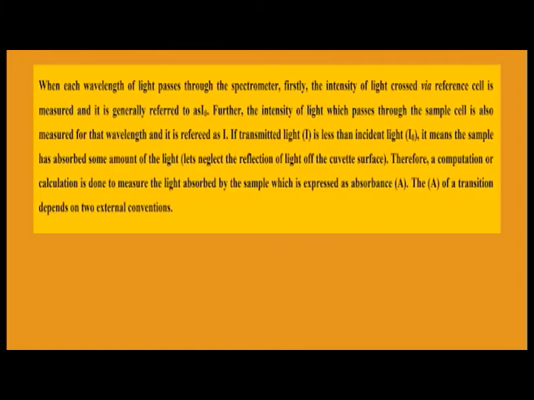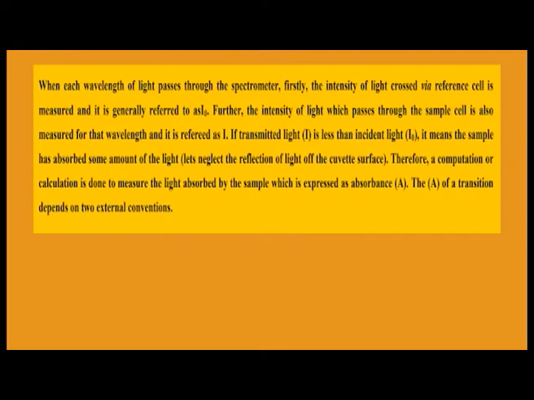This you can see on the picture on the screen. When each wavelength of light passes through the spectrometer, firstly the intensity of light crossed via the reference cell is measured and it is generally referred to as I naught. That is, I naught is the intensity of incident radiation.